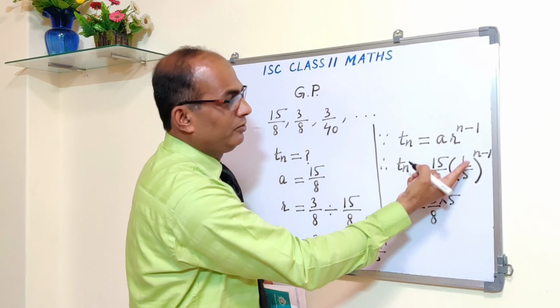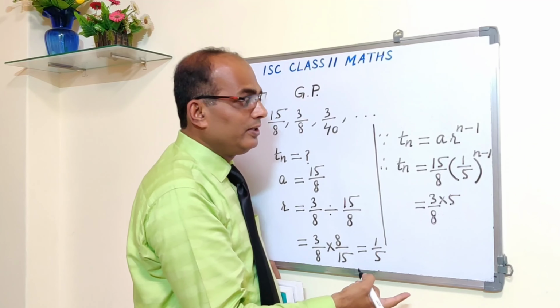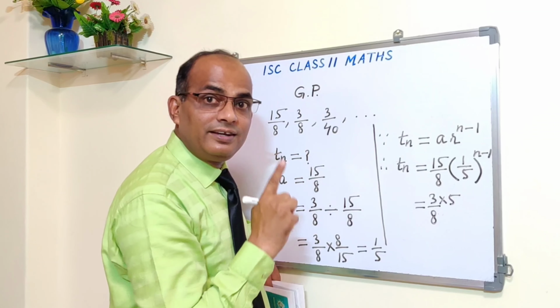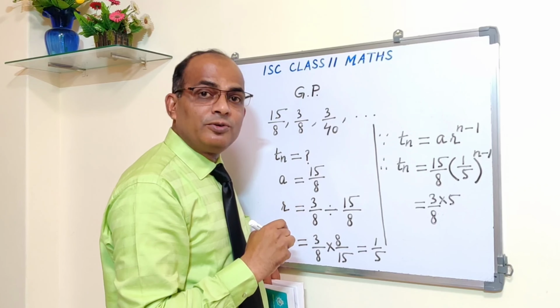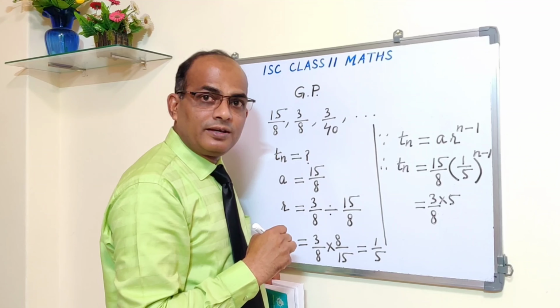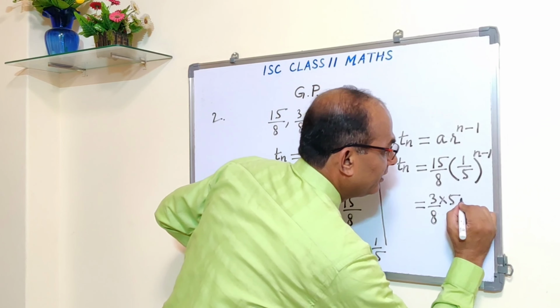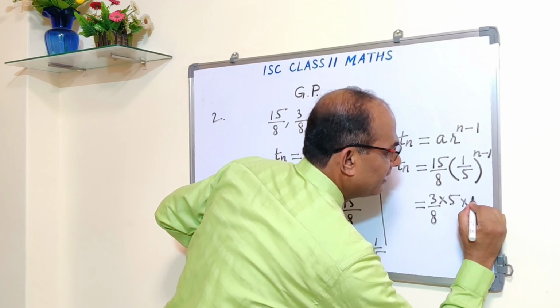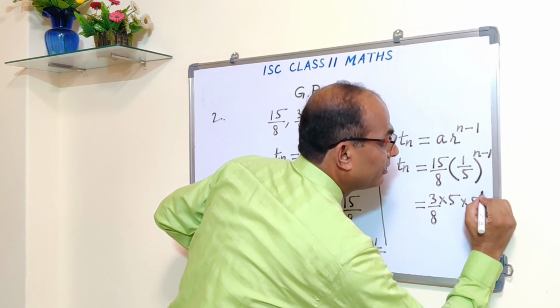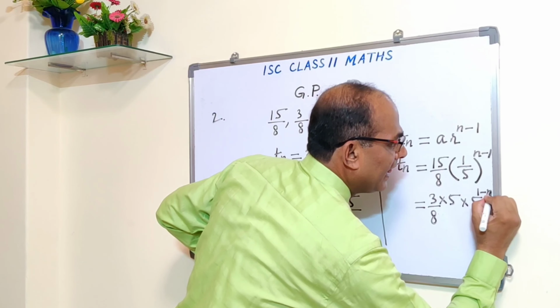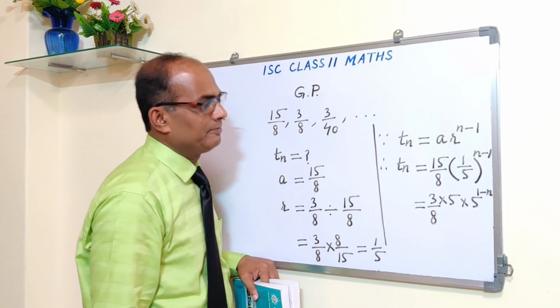Alright, and 1 upon 5 is raised to n minus 1. So when 5 goes up, it will become 1 minus n. Laws of indices from your class 9, powers and exponents. So you can write this into 5 raised to the power n minus 1, so 1 minus n. Alright, 1 minus n.